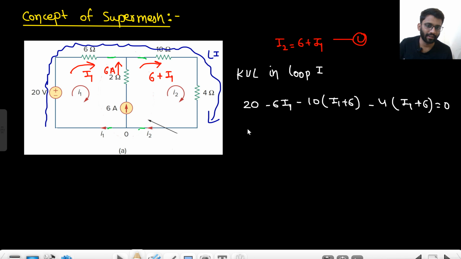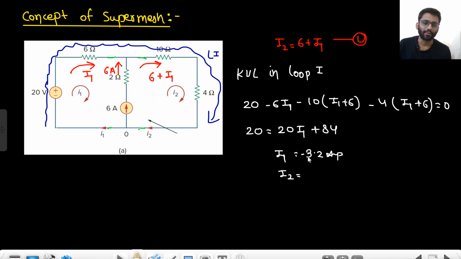So 20 equals 14 plus 10, 14 plus 6, 20 I1, and this is 60 and 24, so it will be 84. So 64 and 20 I1, we get I1 value as minus 64 by 20. Solving, I1 will be minus 3.2 ampere and your I2 will be 2.8 ampere. So these are the final answers.